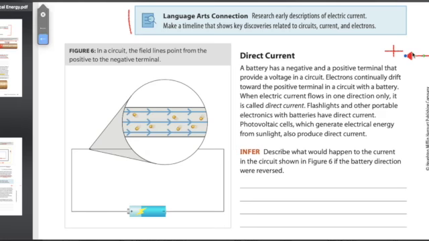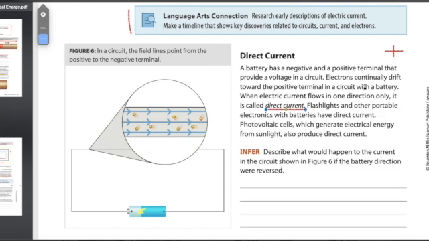We've just talked about what the electrons actually do. So there's an electrical potential between the negative and positive terminal of a battery. Electrons continually drift toward the positive terminal in a circuit with a battery. When electric current flows in one direction only, it is called direct current, right?